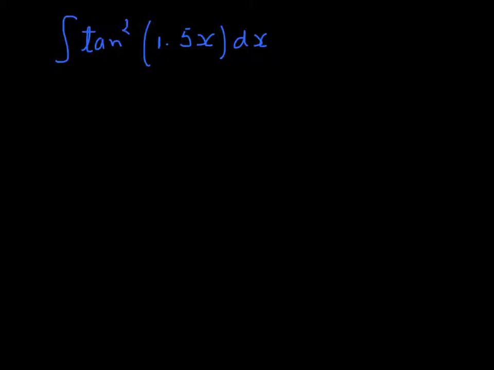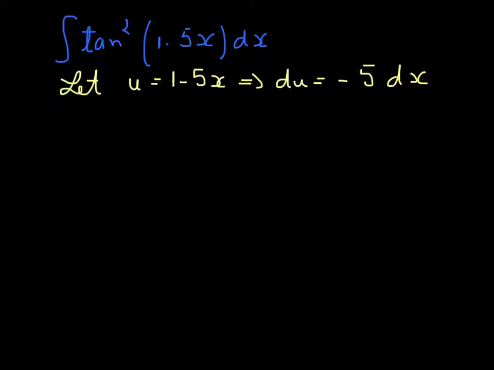So you split it into smaller bits. First, let u be 1 minus 5x. Therefore, du is minus 5 dx. So your integral becomes integral tangent square of u times dx, which is minus 1 over 5 du.